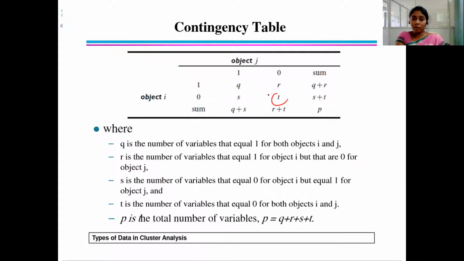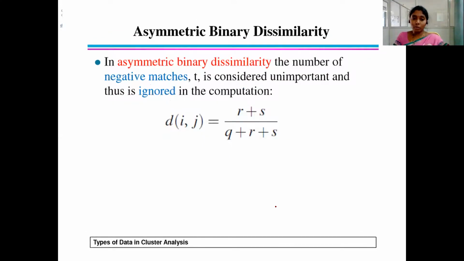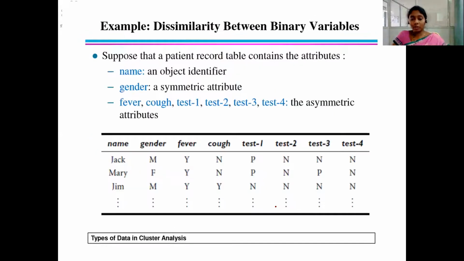The negative value can be ignored if it is asymmetric. This T indicates the case where both the objects' values are zero. That value can be ignored, and in this formula also we can remove it. Similarly, here we can also find similarity among the objects, which can be taken directly from the contingency table. In this way, we can go with the binary variable.